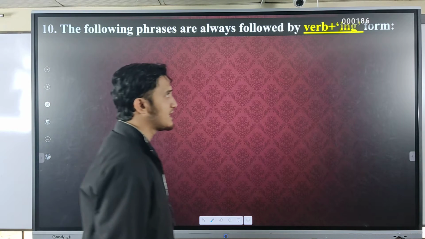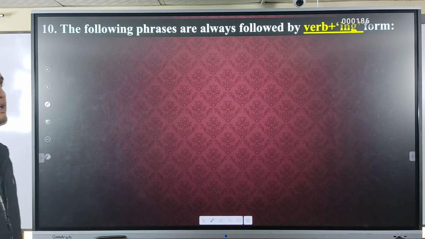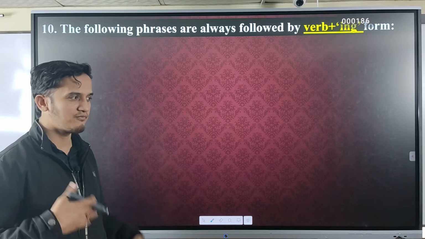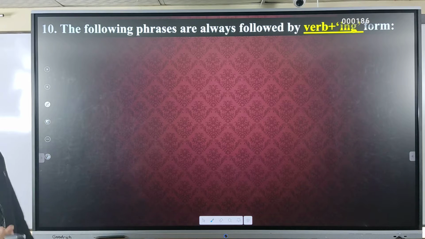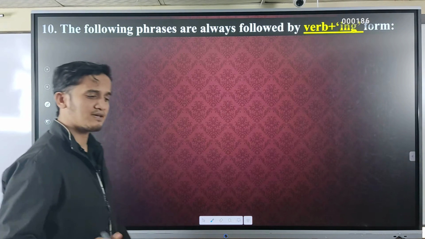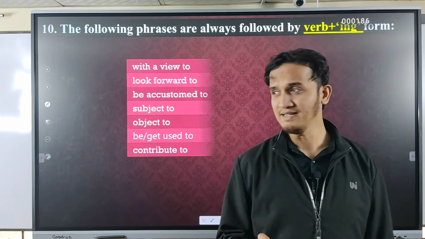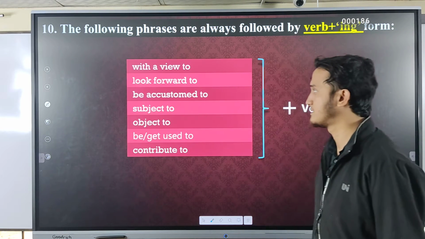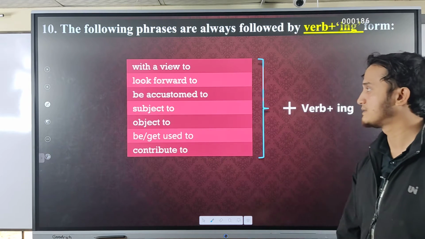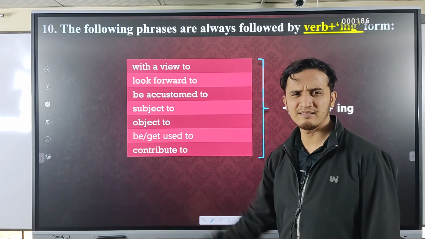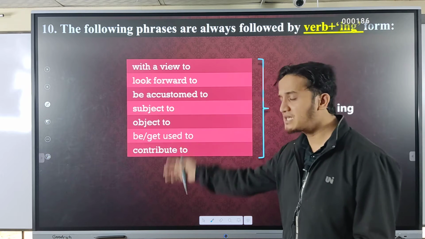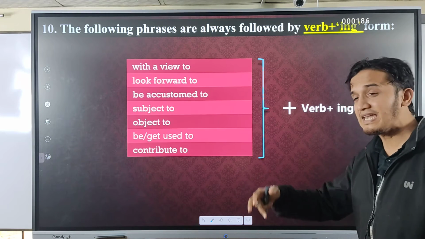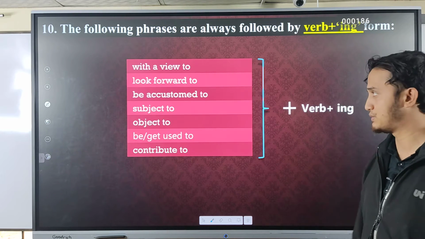Then there are some phrases that you just have to memorize, or you can read them various times, then you can easily memorize them. There are some phrases that always take the present participle form. What are they? See here. First of all, with a view to, look forward to, be accustomed to, where be means am, is, or was, subject to, object to, that is opposed to, be or get used to, or contribute to.